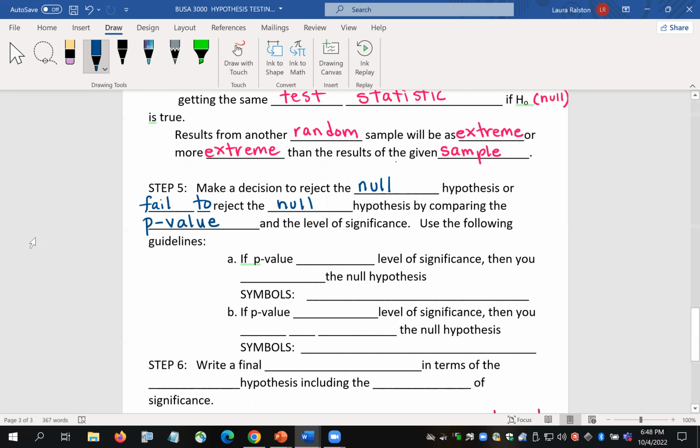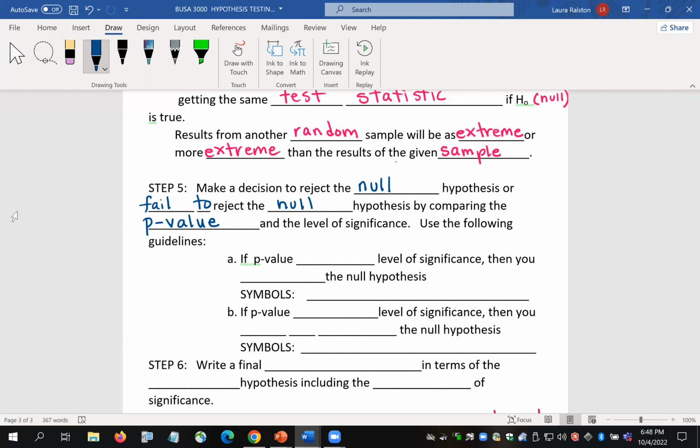Okay, a couple of things here. Notice that ultimately your decision is with respect to the null hypothesis, because remember, the null hypothesis is the statement that we have assumed to be true. So we've assumed the null hypothesis to be true, just like we assumed the defendant was innocent until proven guilty.